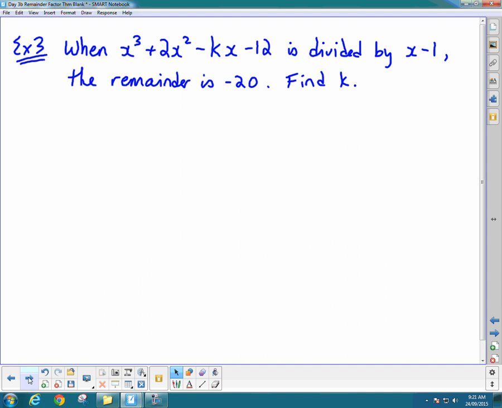So I want you to tell me what this value for k is. We'll pause the video for a second and work with your elbow partner. Try fiddling around, and then we'll come back and see what it is.